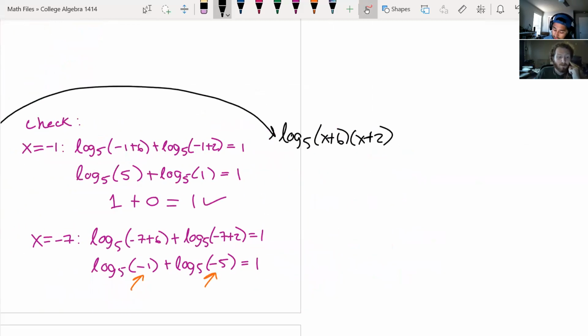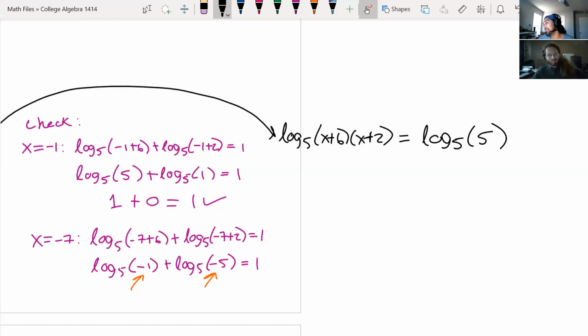So now over here, I didn't even write them together like that. I left them as two separate logs on the left side. Oh, you left them as, and did you move everything over or what? Well, if you leave them as two separate logs, you get x plus 6 plus x plus 2 equals 5. And then you condense them all into one? Yep. Nice. Even better. All right. I like that.